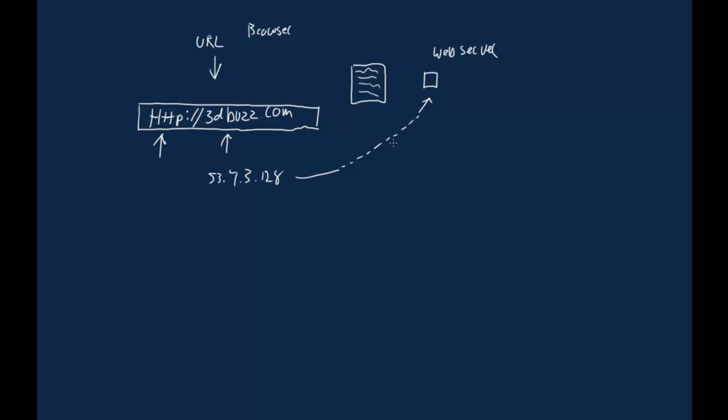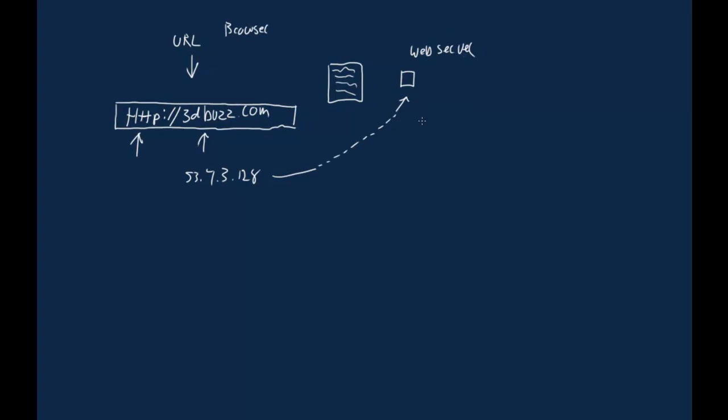Well, that's where our server-side languages come into play, like PHP or ASP.NET or whatever. Let's say that this particular web server is built with PHP. So we have PHP code right here. So what is PHP going to do? Well, PHP is going to take our request. This is our request.